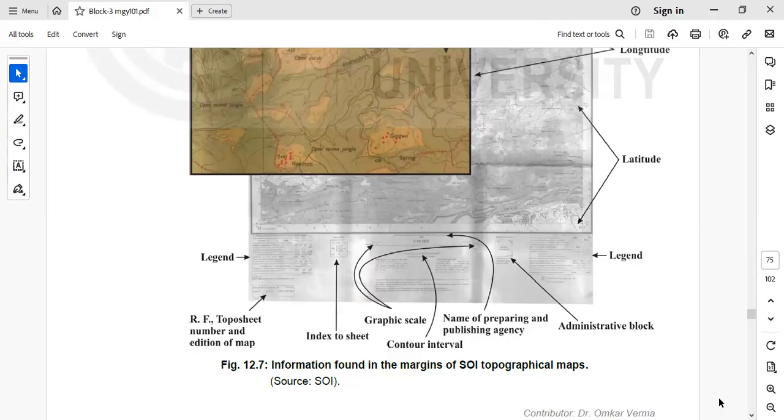So this type of information you will get while studying the margin of the topographical map. Whenever you start to study or interpret a topographical map, please see its margin very carefully, and observe the information that it represents.